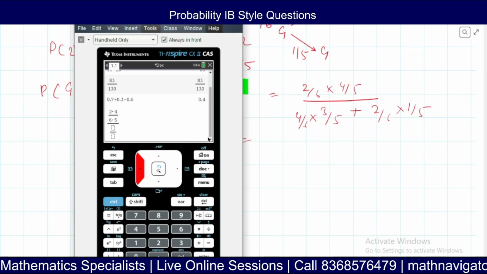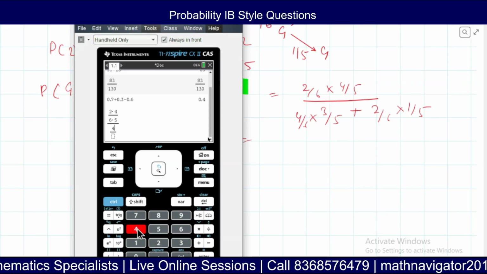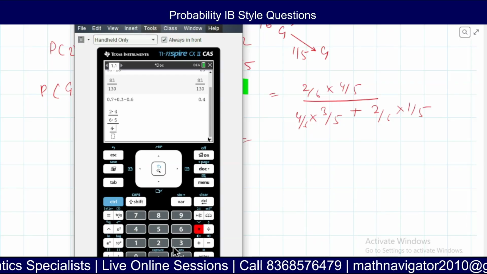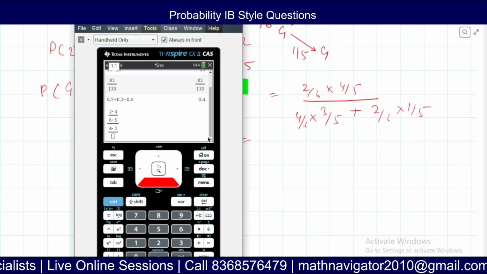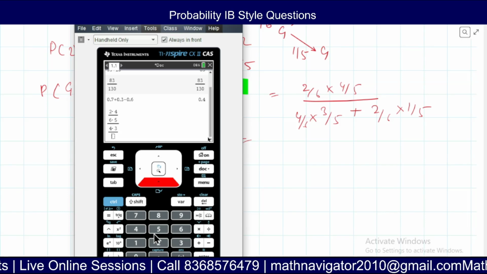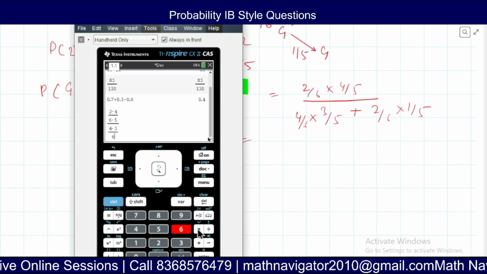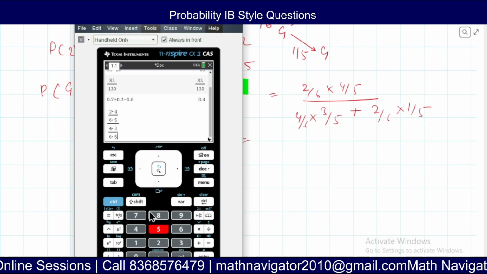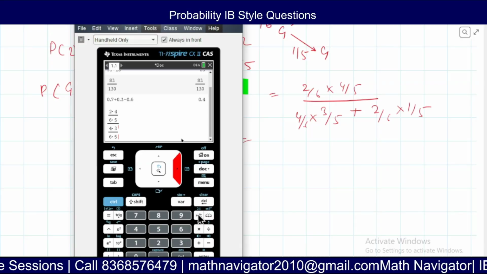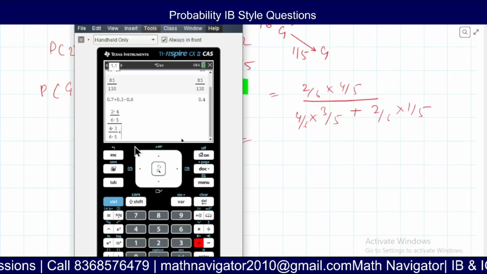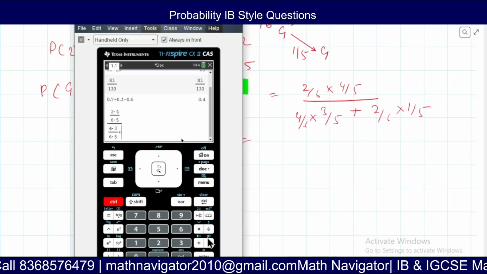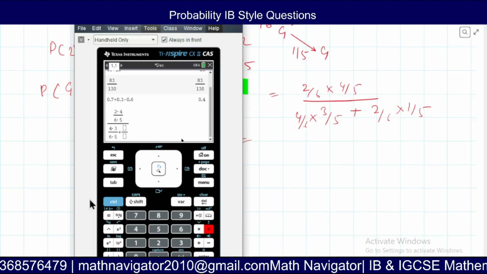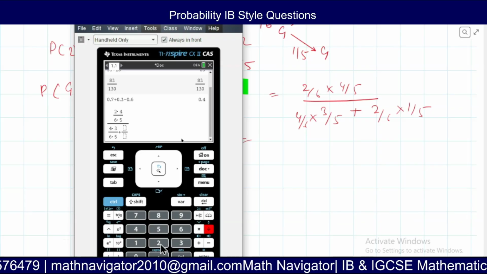So 4 times 3 divided by 6 times 5, then I'll come here, plus, control, then I'll hit this, 2 over 30.